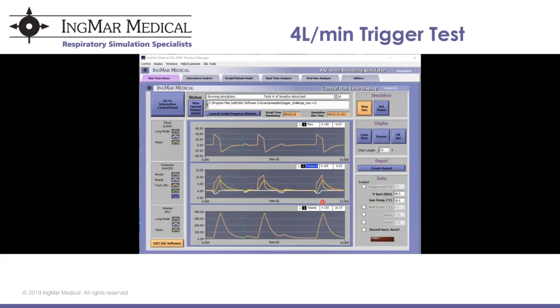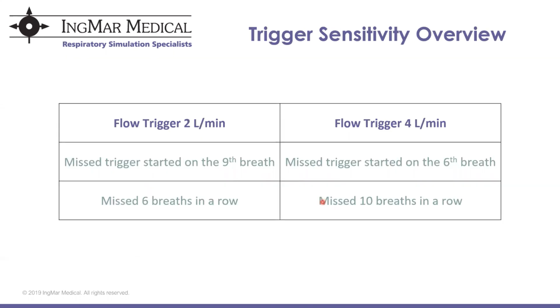So in summary, when we had the 2 liters per minute setting, we had the missed triggers start on the 9th breath, and there were about 6 breaths in a row that were not triggered. And then in the setting with 4 liters per minute, we had the missed triggers already start on the 6th breath, and it was a total of 10 breaths that were not triggered.